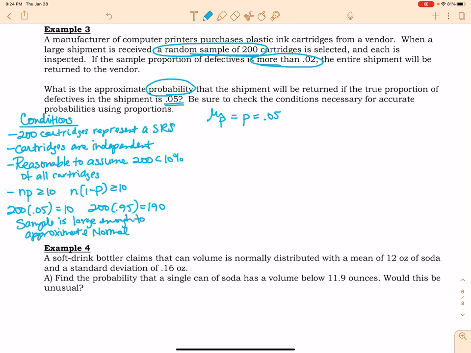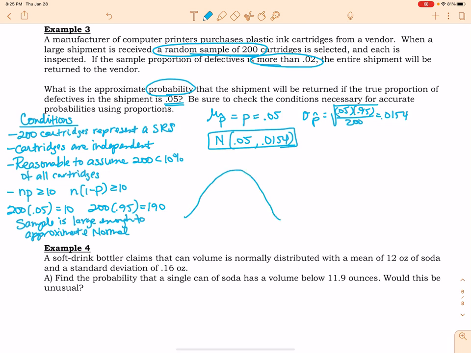So the center, of course, would be represented by p, and then the standard deviation is going to be the square root of 0.05 times 0.95 divided by 200, which gives me 0.0154. So my distribution looks like this, and that is the distribution I'm going to use to find my probability.